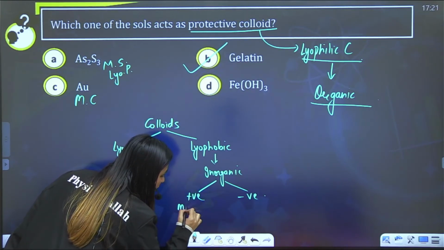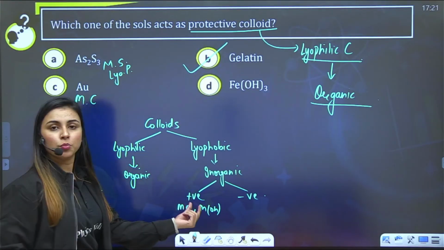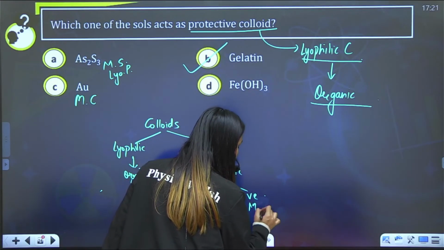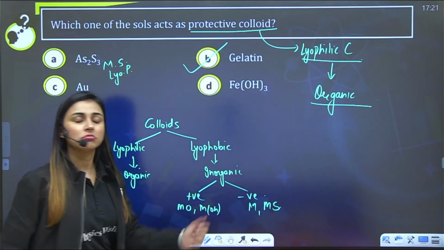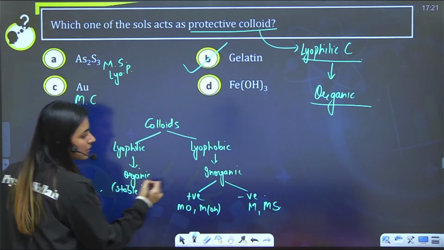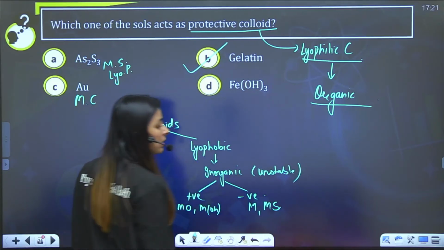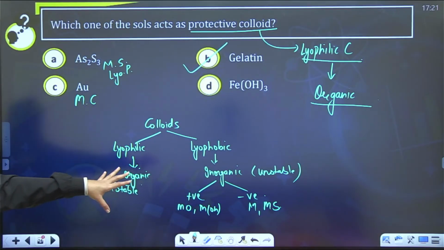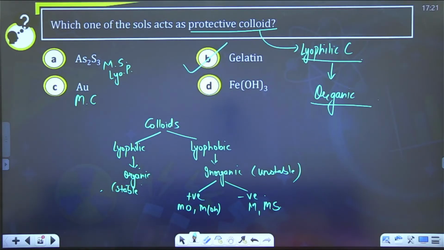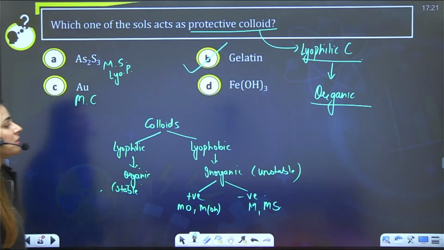All the metal oxides and metal hydroxides are positively charged. All the metals and metal sulfides are negatively charged. These are stable and these are unstable. This is something you need to have a clear understanding of. Please write it down. I hope you're clear with this. Perfect, my dear students. Let's move forward.